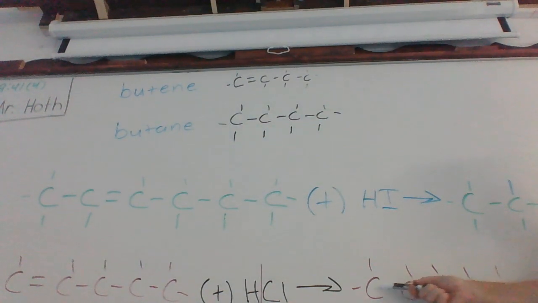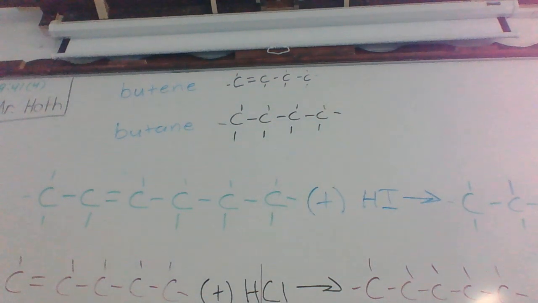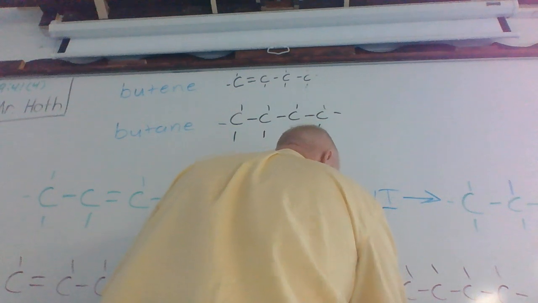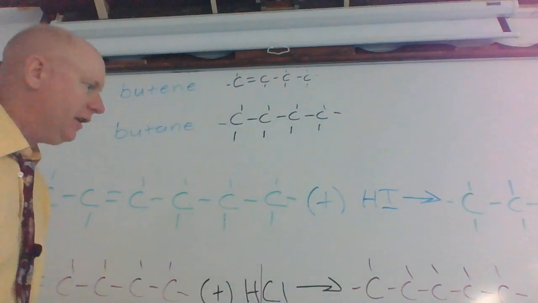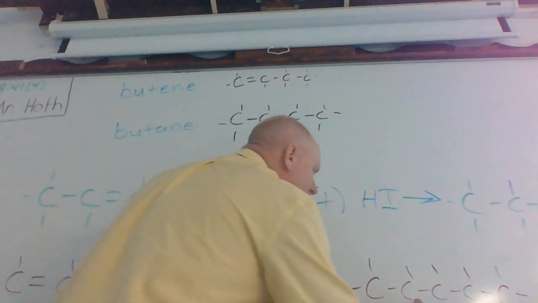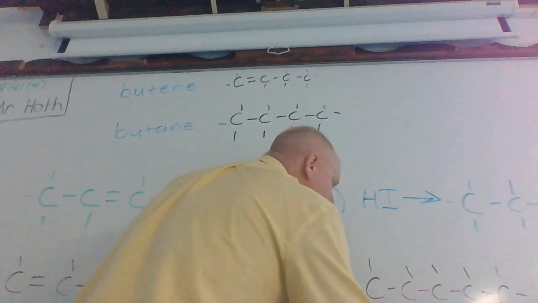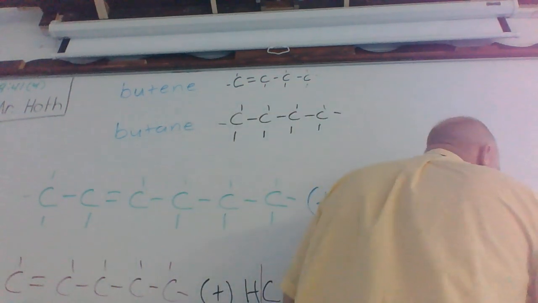This one only has one, this one has two. Therefore, that hydrogen is going to attach to the first carbon. Does that make sense? It attaches to the one that has the most hydrogens available. So that hydrogen goes here. Then that leaves that chlorine atom to attach here. Then you have to label this as major.